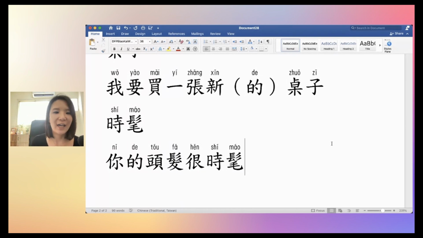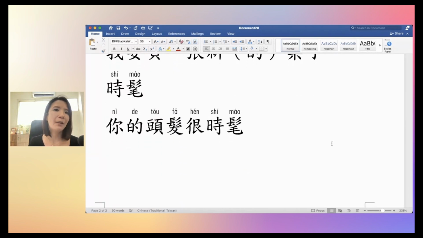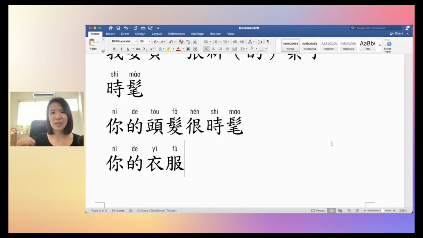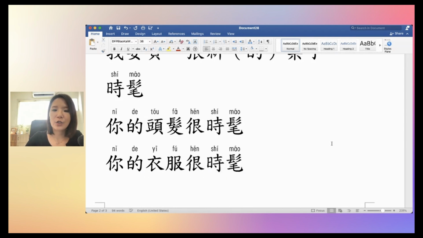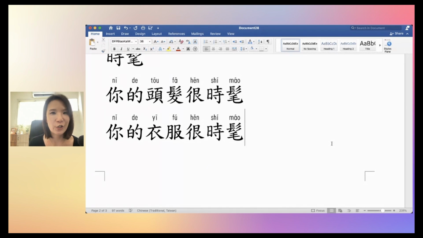Or we can compliment people's clothing. 你的衣服很时髦. So 衣服 is clothes. You could also compliment how people wear their style, how someone dresses, is stylish, fashionable, 时髦. In this case, you're complimenting the action, how he or she wears.